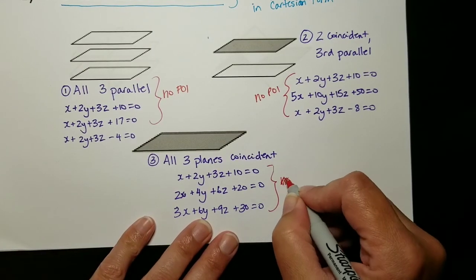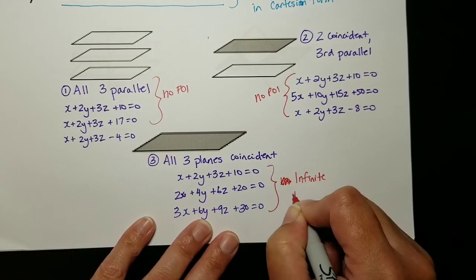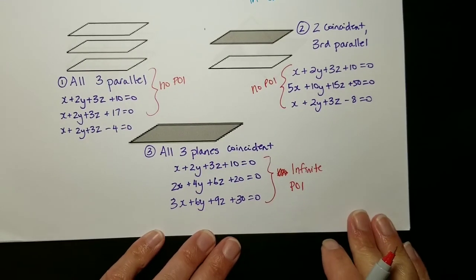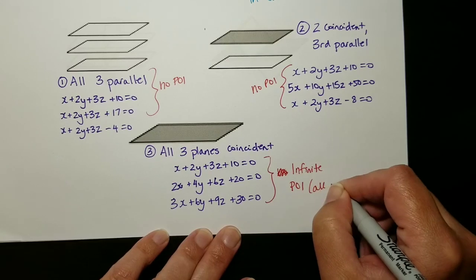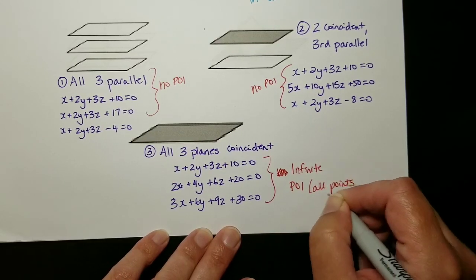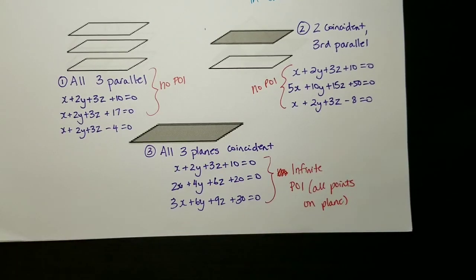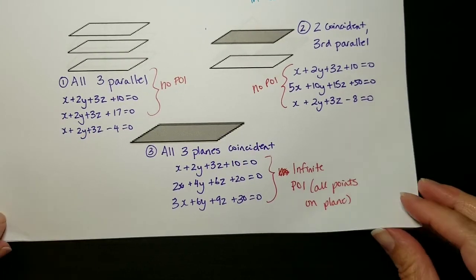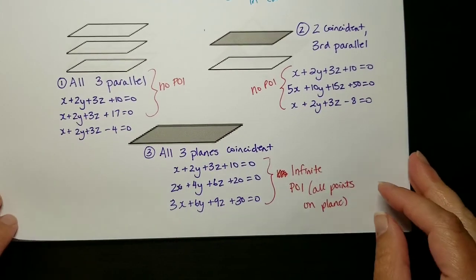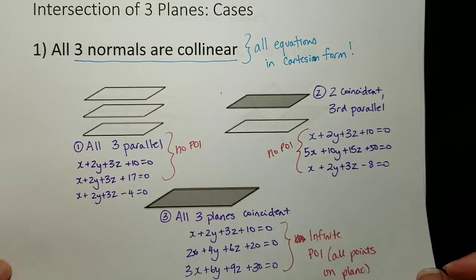But in number 3, we actually have infinite points of intersection because they're all coincident. It's all points on the plane. So the first two cases have no solution, and that third case has an infinite number of possible solutions. So that's all kind of grouped into the first type, where the three normals are collinear.